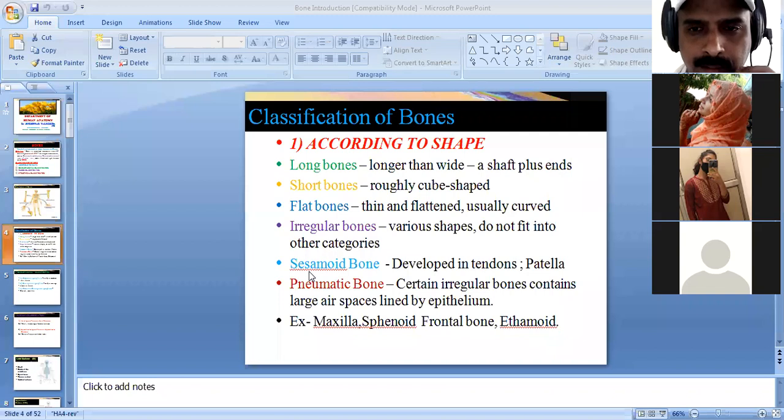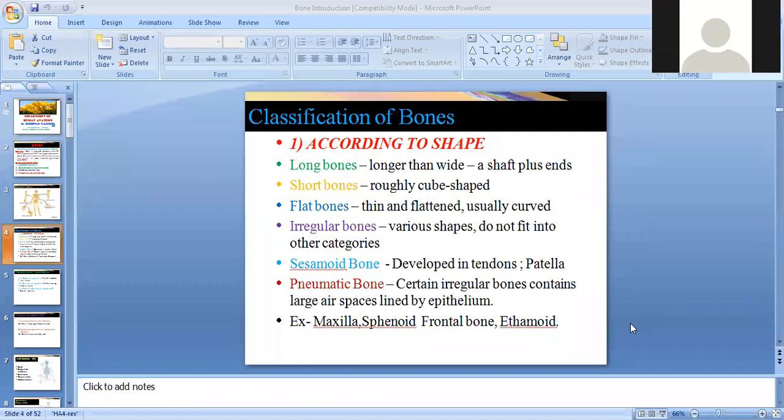Next you have to remember about the pneumatic bone. In this, certain irregular bones contain large air spaces lined by epithelium. So the bones which have air-filled spaces, those we call pneumatic bone. Pneu means air.